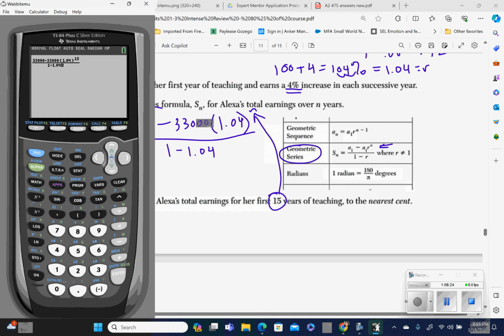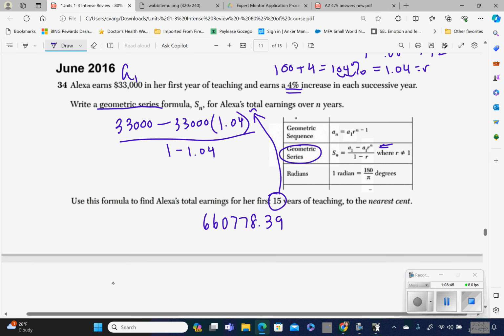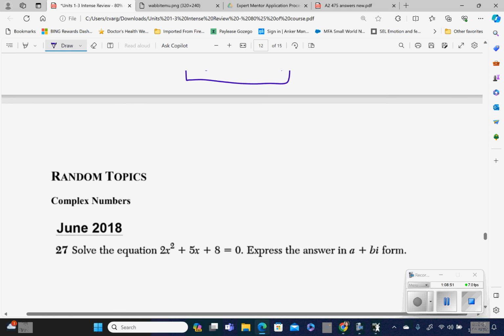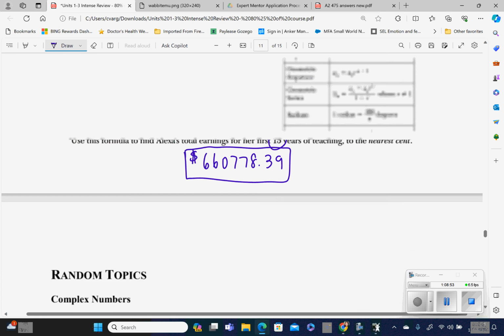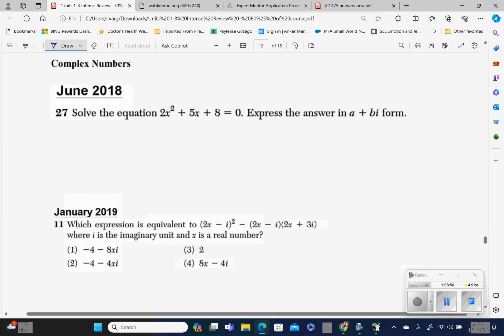Oh, this is a lot. 15 years of teaching, just add up all the numbers. 778, and this is to the nearest cent, so 39 cents. So this is how much money she has secured after 15 years of teaching. Doesn't seem like a lot, but it is. It's not bad.